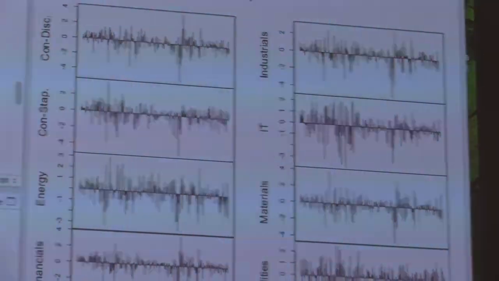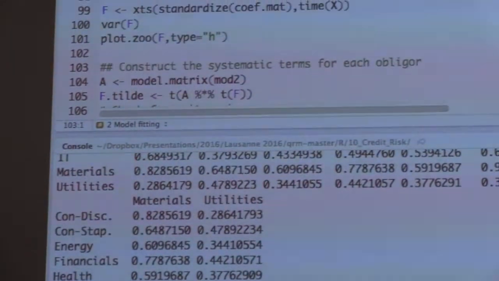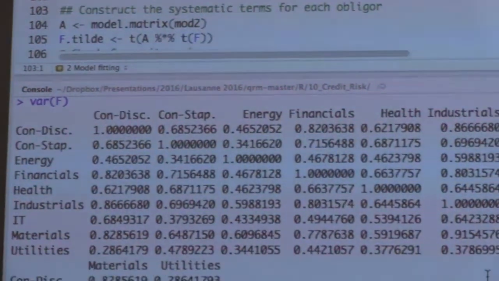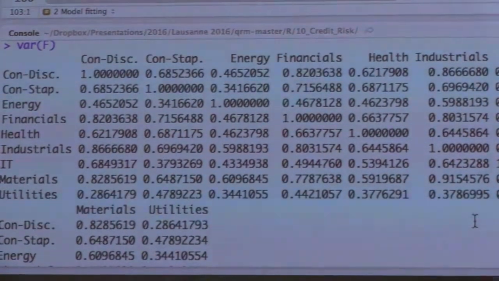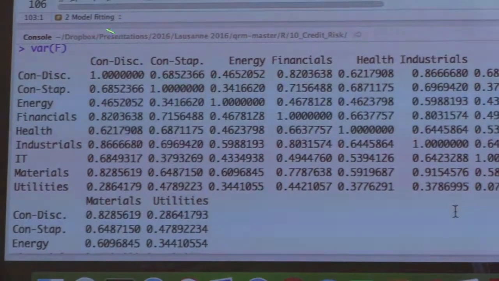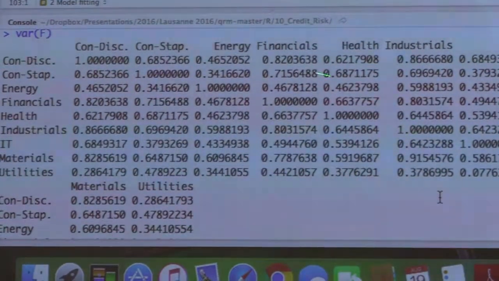And this is the covariance matrix here. So what you see here is the covariance matrix, which is also the correlation matrix because they're standardized. So this is omega. So I have omega, the correlation matrix of the factors.